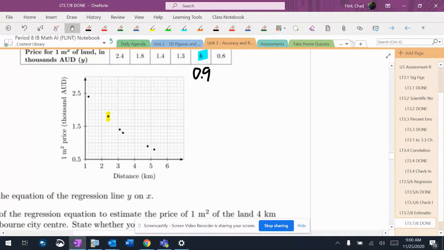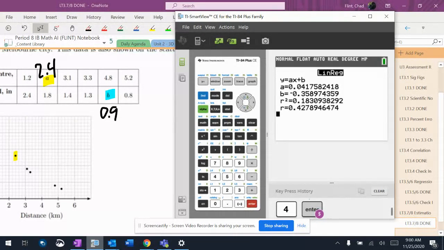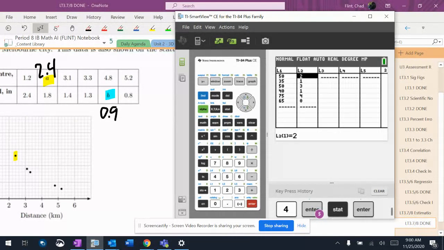So now I can bring my calculator up and I can find the regression equation. So stat, edit, figure my previous lists out.